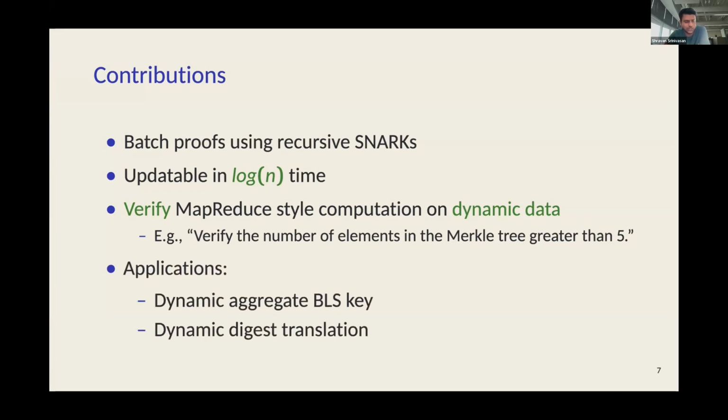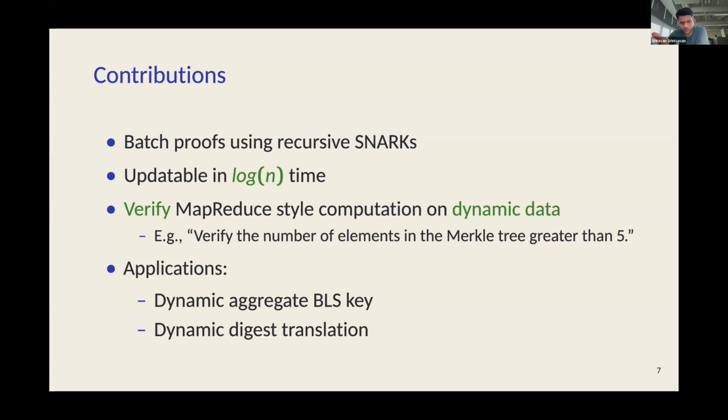Specifically, we show how to do this MapReduce style computation in two specific applications. One is how to aggregate BLS keys, even when the data is changing. And the other is how we do a notion of digest translation.